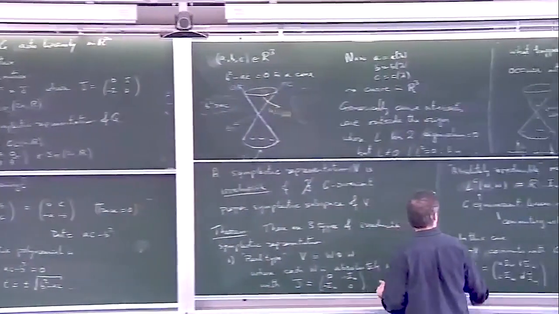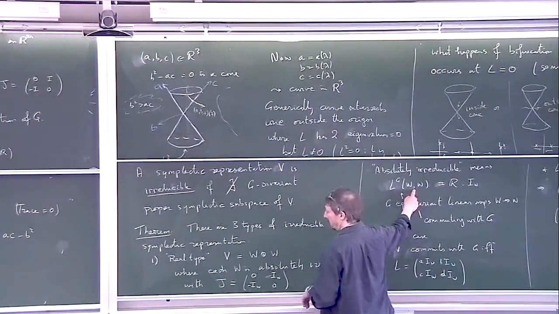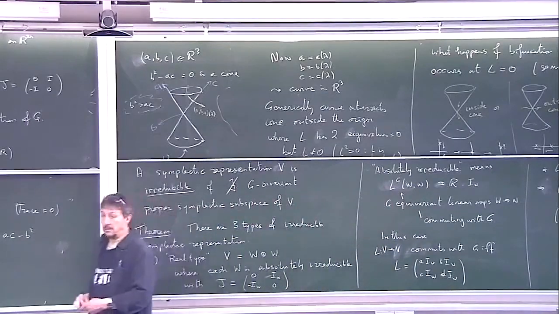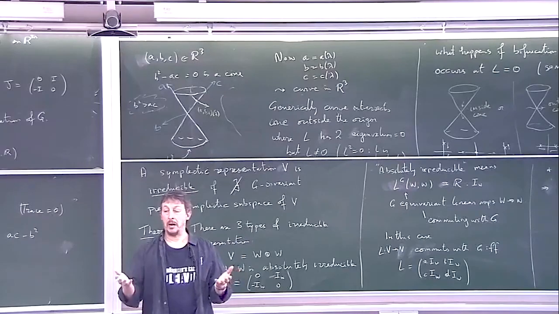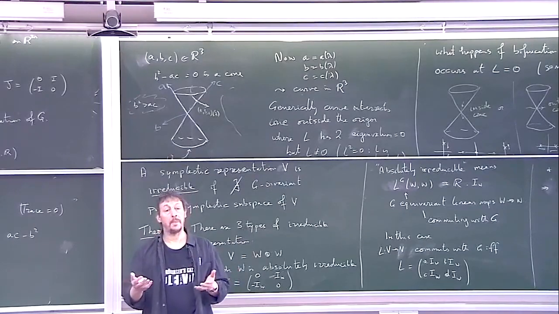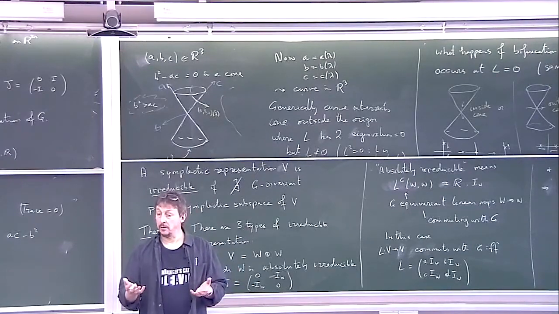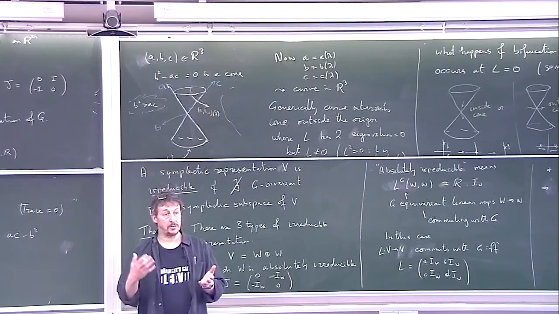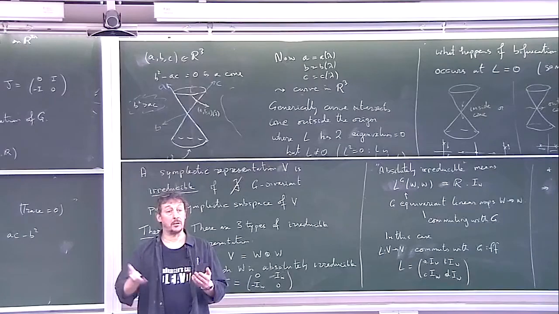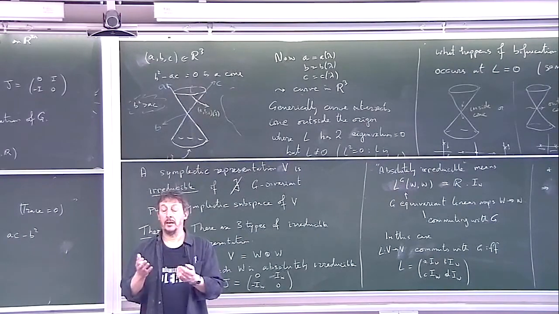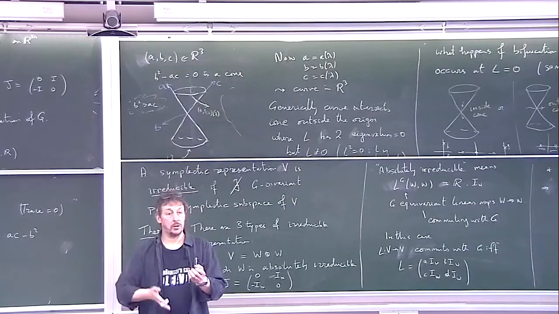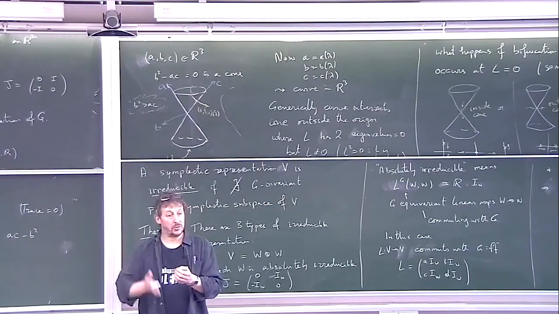One has this property. So the set of commuting linear maps, so if it's a linear map and it commutes with the group, then the kernel is invariant because the matrix is symmetric. So the kernel is invariant. If the kernel is not 0, then it must be some subspace which is invariant.